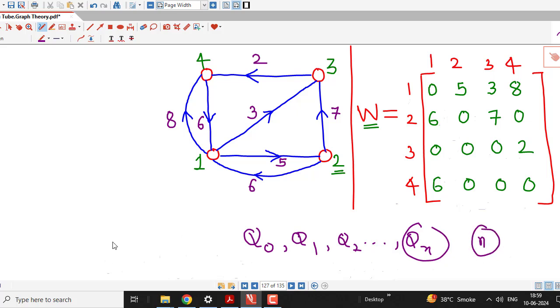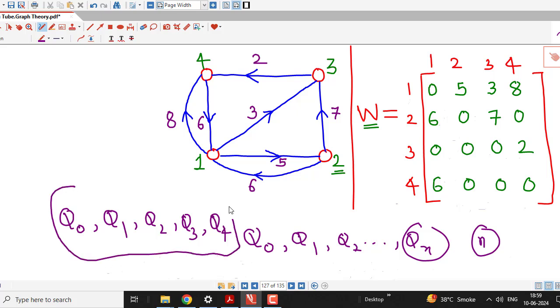Here we have 4 vertices, therefore we have to obtain a sequence starting with Q0 and going up to Q4. So we have to obtain these 5 matrices, starting with Q0 and ending with Q4.